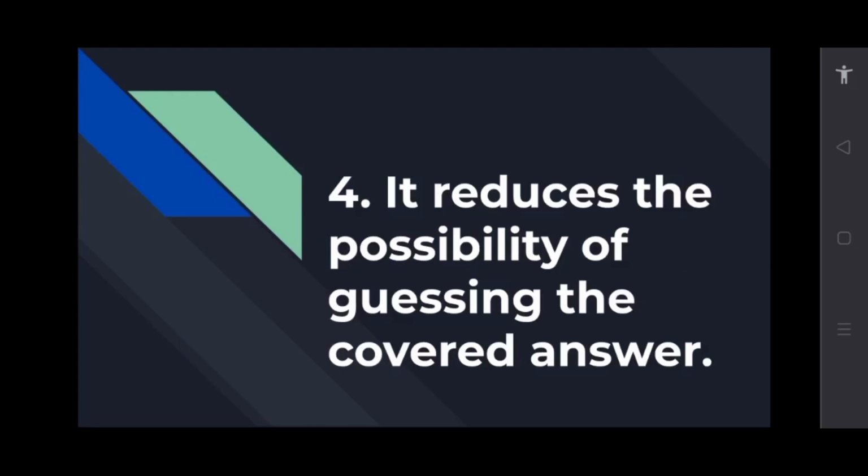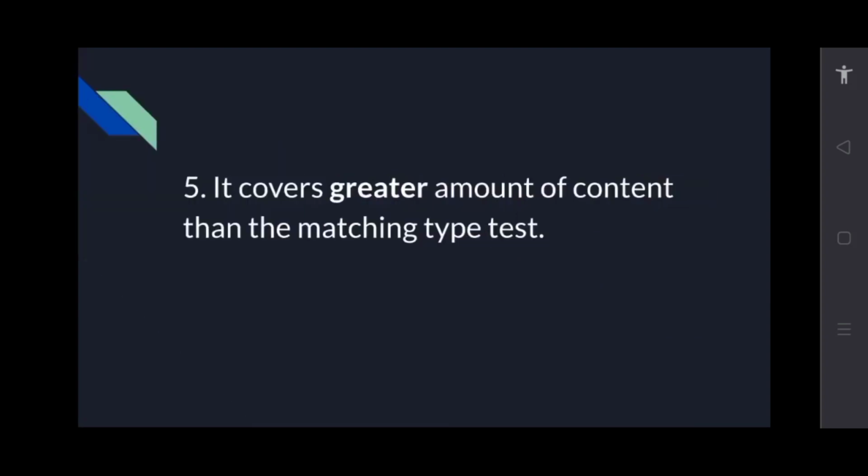The fourth one, it reduces the possibility of guessing the correct answer. Why? Because it requires recall compared to true or false and multiple choice items. And the last one, it covers greater amount of content than the matching type of test. So it is likely with the first one.